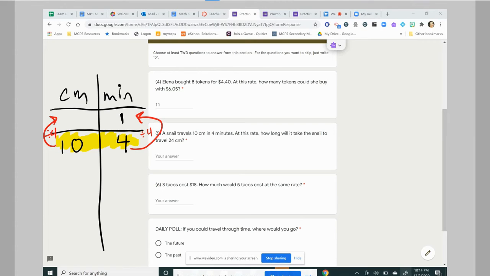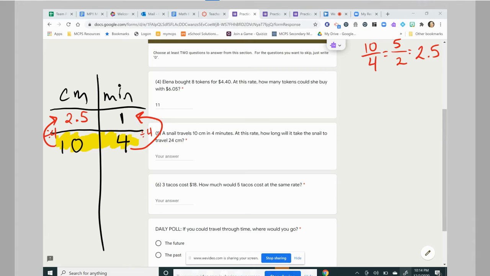And 10 divided by 4, well, over here, I'm going to simplify 10 divided by 4. I divide both of them by 2 or cut them both in half. 4 divided by 2 is 2, and 10 divided by 2 is 5. And 5 divided by 2 is 2.5. So we were correct the other time when we used the calculator. So a snail can travel 2.5 centimeters in 1 minute.